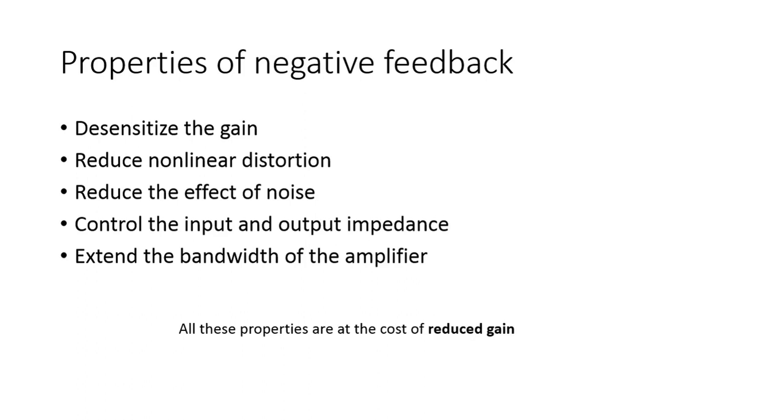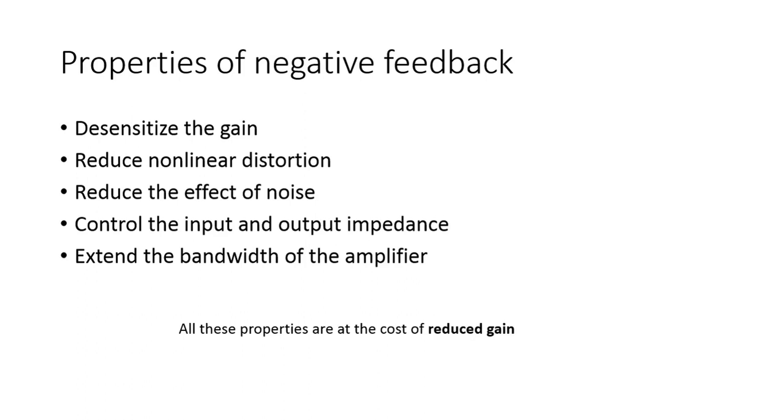Next is to reduce the effect of noise. So this negative feedback minimizes the contribution of unwanted noise to the output. These noises can be either through the components or due to the interferences. So this negative feedback reduces the effect of these noises. Control the input and output impedance.